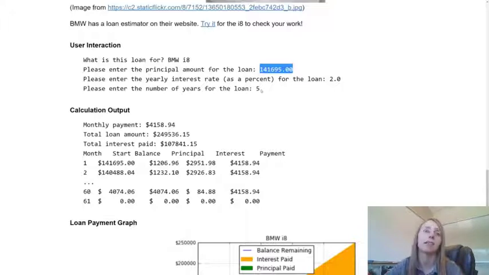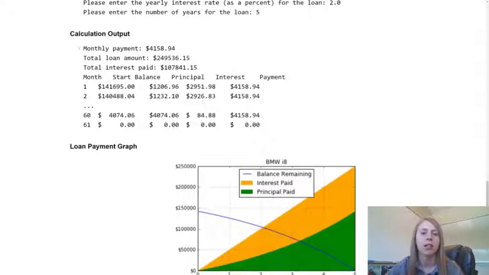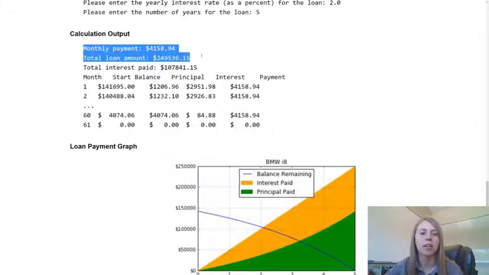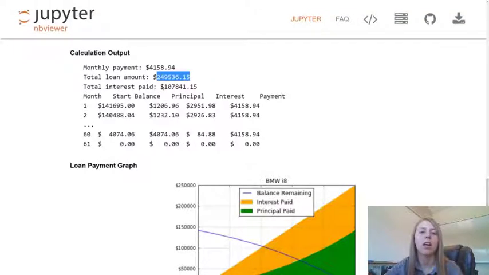So that would be 5 years, 60 monthly payments. So here's the output. Your average monthly payment would be about $4,158. The total amount you would pay in the loan would be $250,000. If you subtract out the cost of the car, the amount of interest paid is $107,000 in 5 years, which is quite a bit.